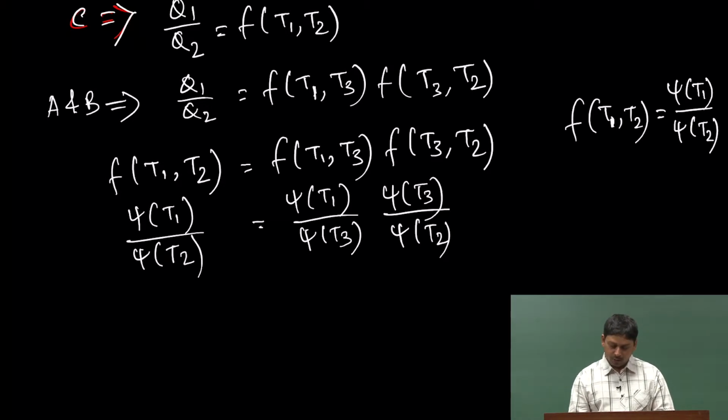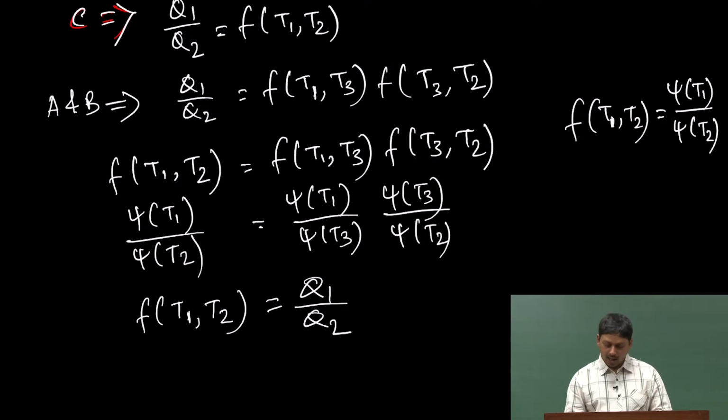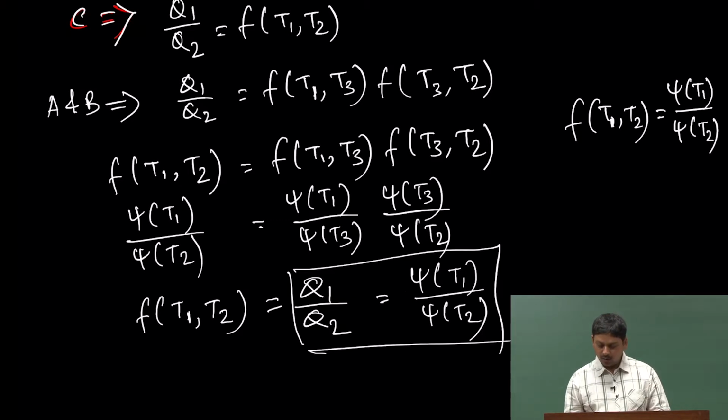Our F T 1 T 2 is nothing but Q 1 by Q 2, right, and we got F T 1 T 2 as psi of T 1 by psi of T 2. So, this is the basic formulation of the thermodynamic temperature. So, you see it is not exactly a temperature, it is some function of temperature.